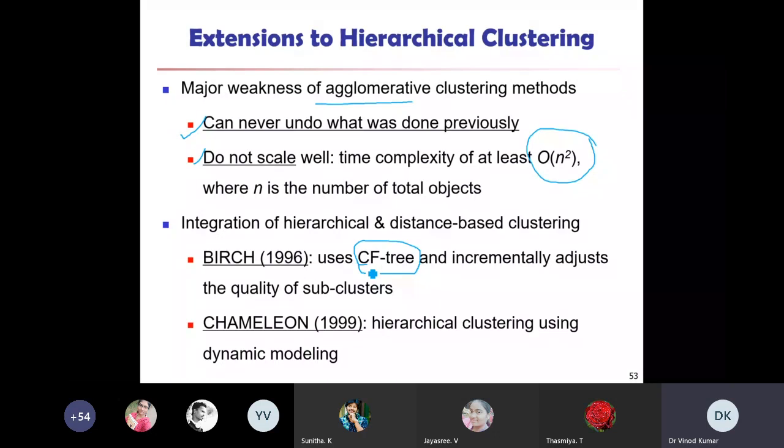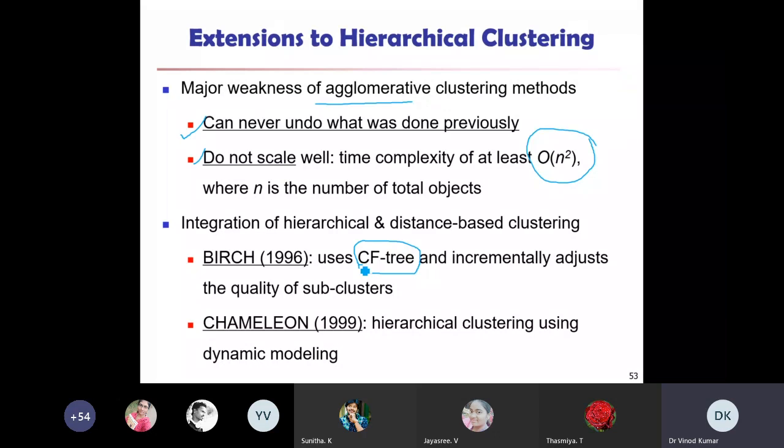For your exam point of view, you have to know what is hierarchical clustering, its two categories, the agglomerative and the divisive methods. Then you need to know how these two methods are done: AGNES, agglomerative nesting, and DIANA, divisive analysis. These two basic methods you need to know.